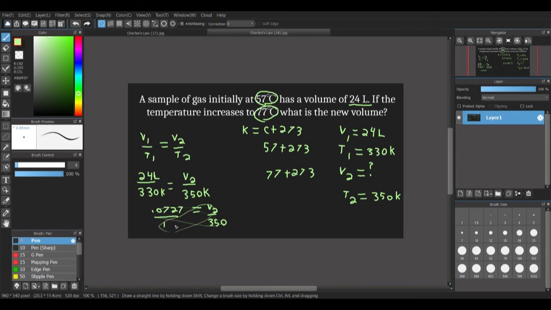And we get that V2, because V2 times 1 is just V2, equals 350 times 0.0727, which gives us 25.45. Not that we want to worry too much about significant figures with this question, but since 24 has the least amount of sig figs, we would round to 2 significant figures and get that our new volume is equal to 25 liters.